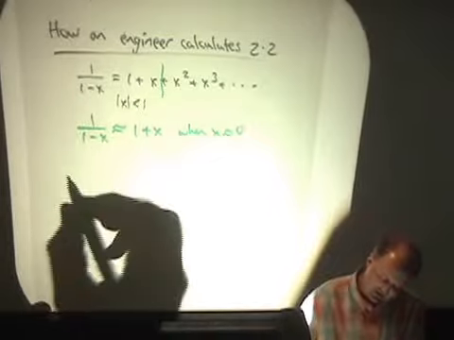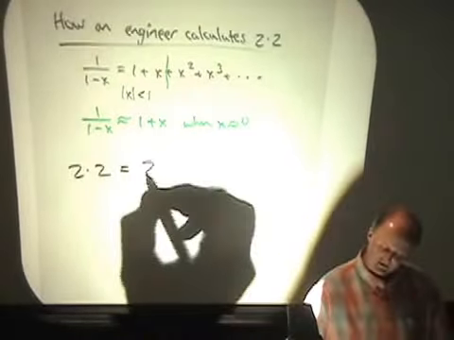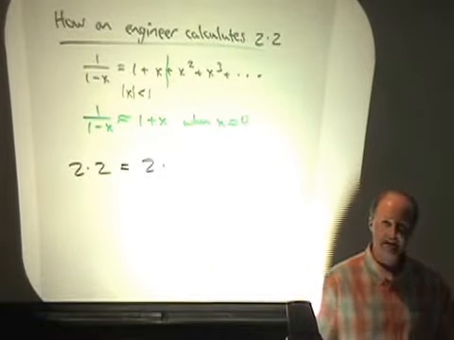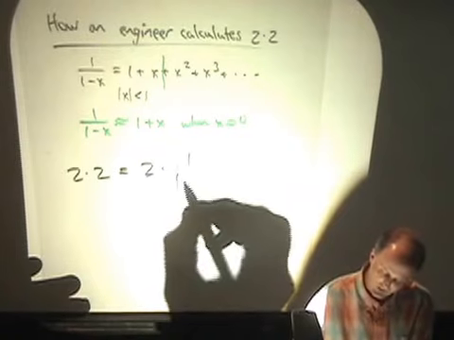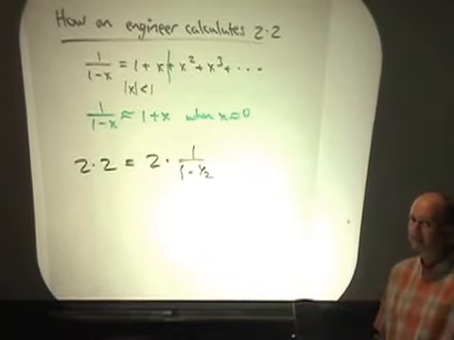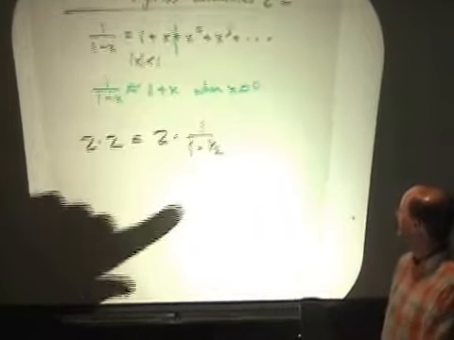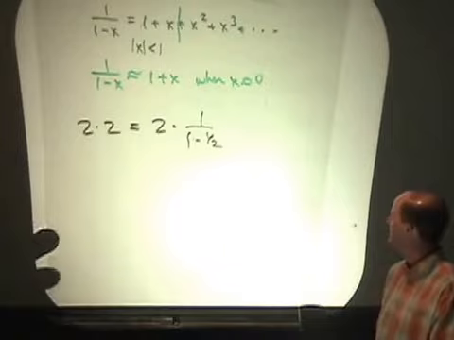So how would an engineer use that? Well, of course, obviously, an engineer would replace this second 2 with 1 over 1 minus 1/2, right? Obviously. That does equal 2, right? 1 minus 1/2 is a half. 1 over 1/2 is 2.